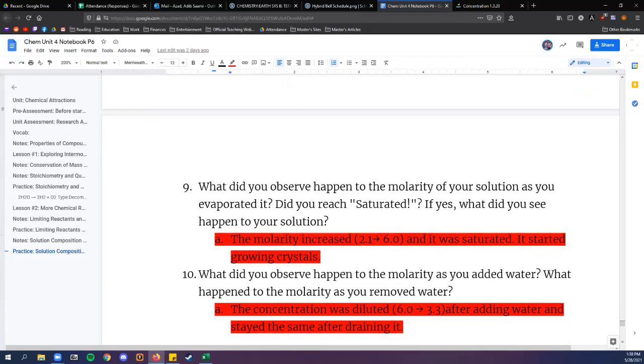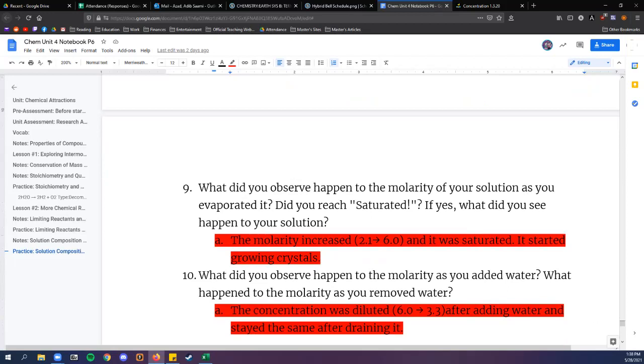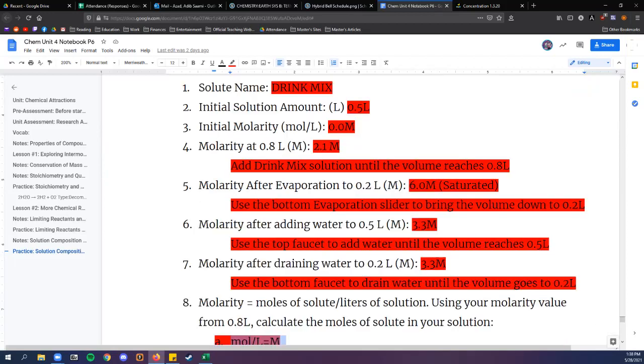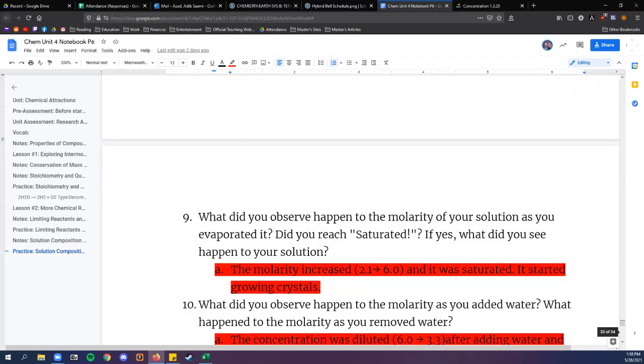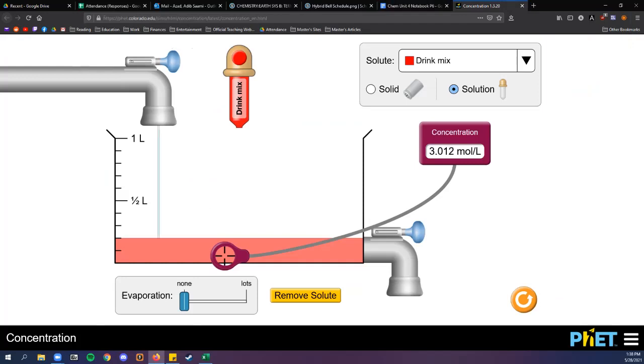For number 9, we're looking at what happened to our solution concentration as we evaporated it. We were at 2.1, and when we evaporated it down to 0.2, the concentration rose from 2.1 to 6.0. It did become saturated. I know it saturates around 5.